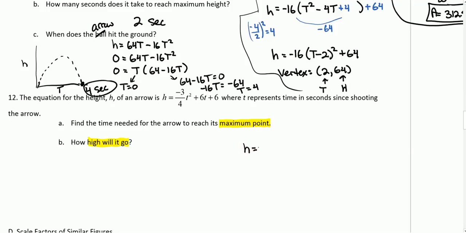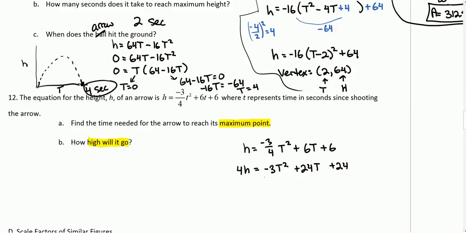So if we find the vertex, we answer both these questions. h is equal to negative 3/4 t squared plus 6t plus 6. I'm going to get rid of the fraction first by multiplying everything by 4. I get 4 times h is equal to negative 3t squared plus 24t plus 24.